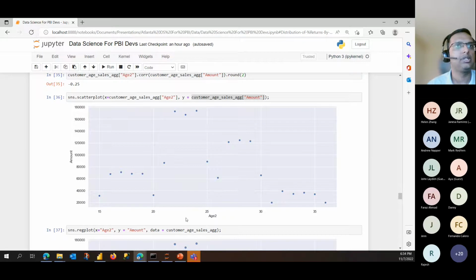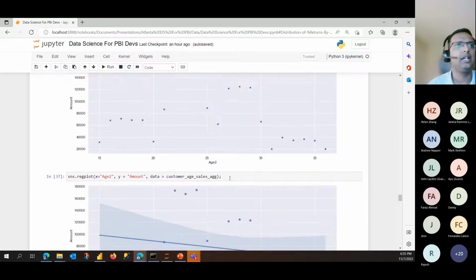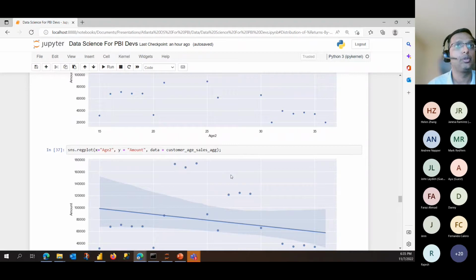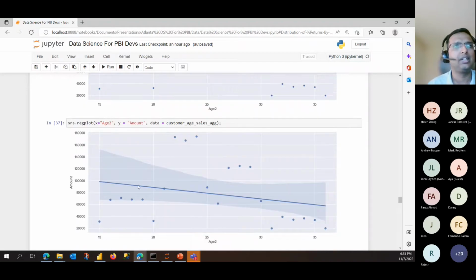If you notice, I have the age bucket. So I have 15, then 20, 25, and in between, I took some liberty to modify the data a little bit for demo purposes, and then the overall sum of the amount. What we notice is that if I draw a line that goes through the most data points, it will go like this.